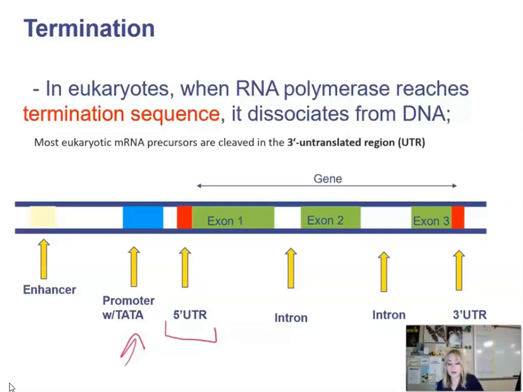And then we have exons. These are the coding parts of the DNA, coding for protein. They have those sequences that we need. And then introns are the parts that do not code for protein. You can see we have exons interrupted by introns, and then the entire gene is flanked by a 3' untranslated region. And then upstream of the promoter, we have an enhancer. I haven't talked about that yet, but I will in a minute.